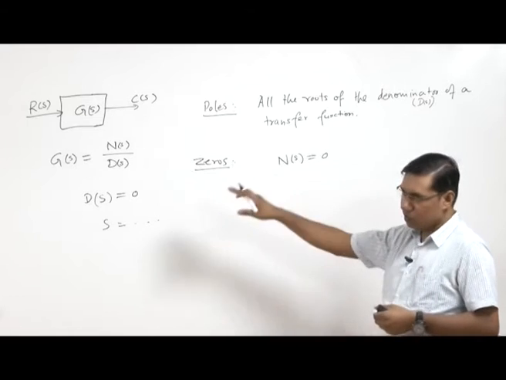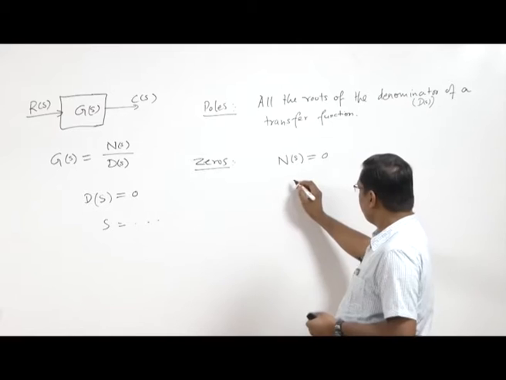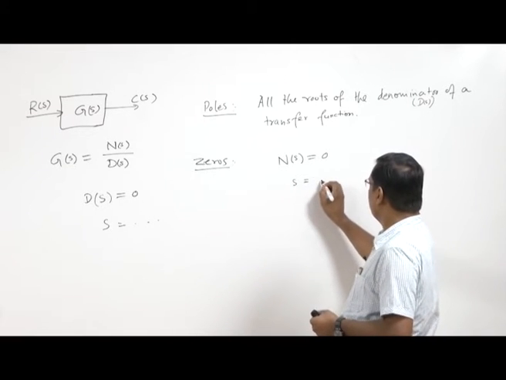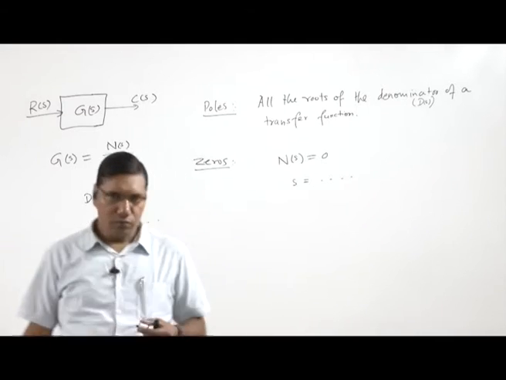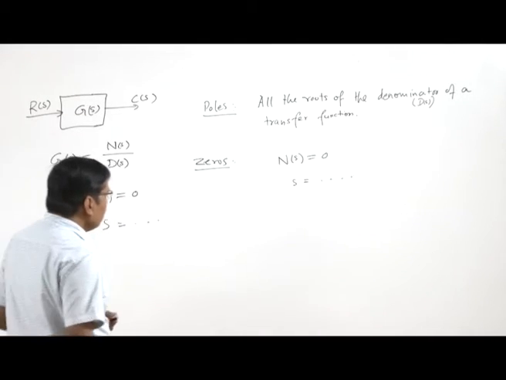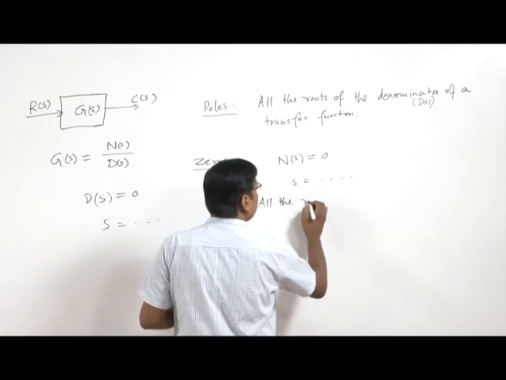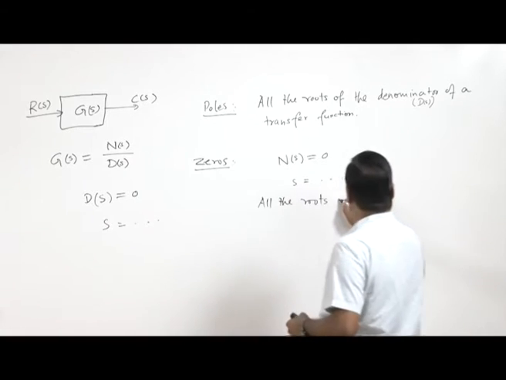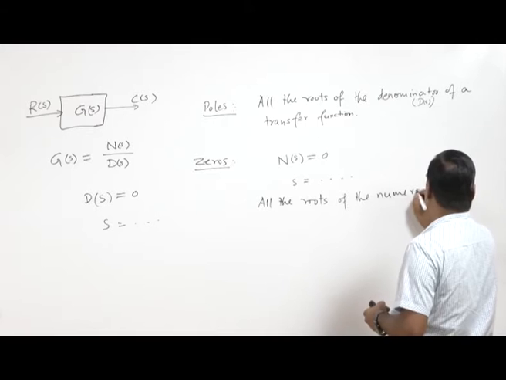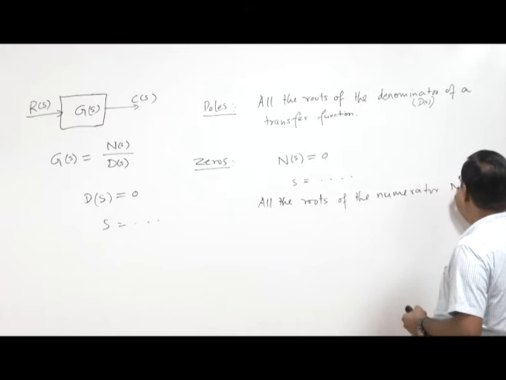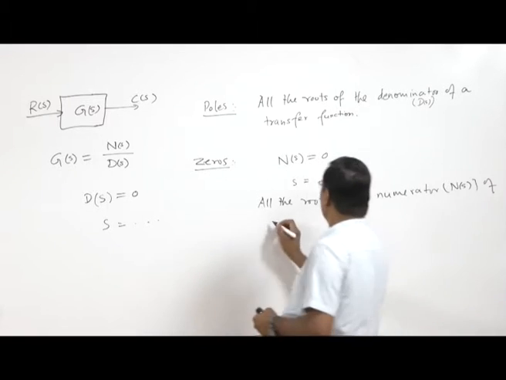If N(s) is equal to 0, this transfer function will be 0. So when we solve this equation and we find s, these values are the zeros. So zeros are all the roots of the numerator N(s) of a transfer function.